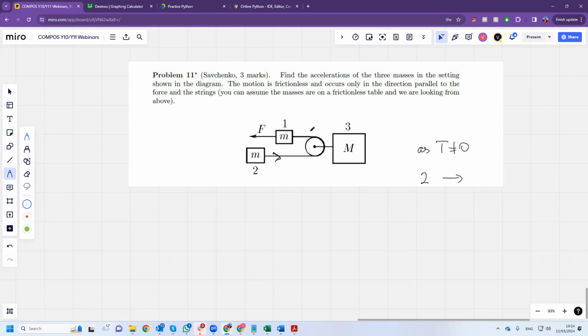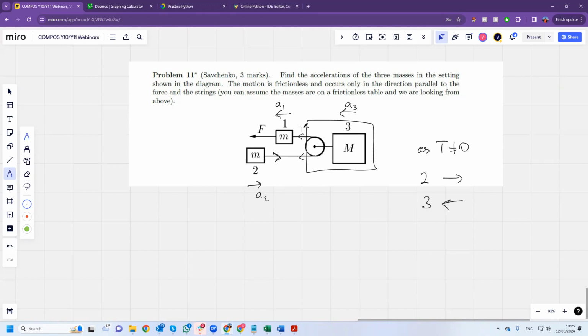Now 3 is attached to a pulley, which is being pulled by 2 ropes. So 3 will be moving left, accelerating left. 1 is being pushed left. Well, that one is obvious. So we'll call this A1, this A3, and this A2. And then you can use Newton's second law for each one.